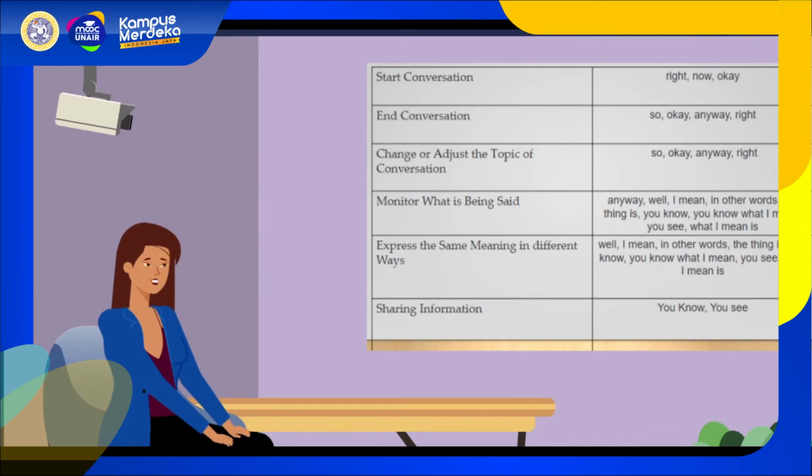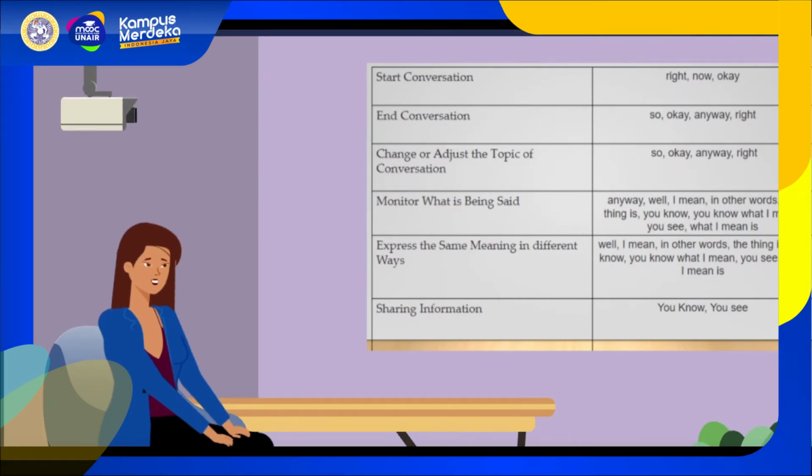Not only that, you can also use discourse markers to help us express what we mean sequentially. For more detail, you can see the table on this slide that is used to express something sequentially.